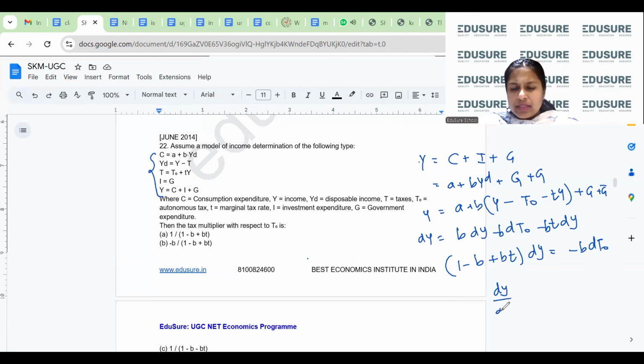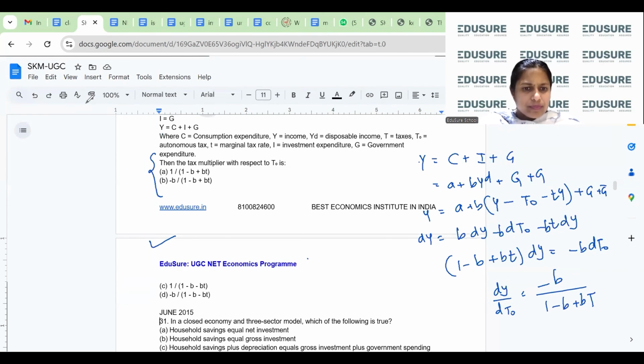So dY by dT naught is equal to minus b upon 1 minus b plus bt. So minus b upon 1 minus b plus bt. So B seems to be the right answer. Yes, B is the right answer.